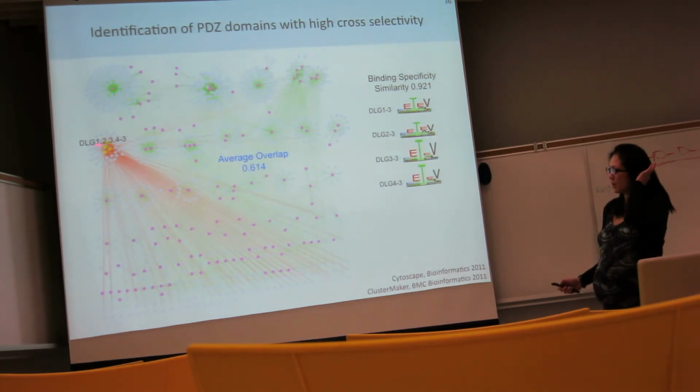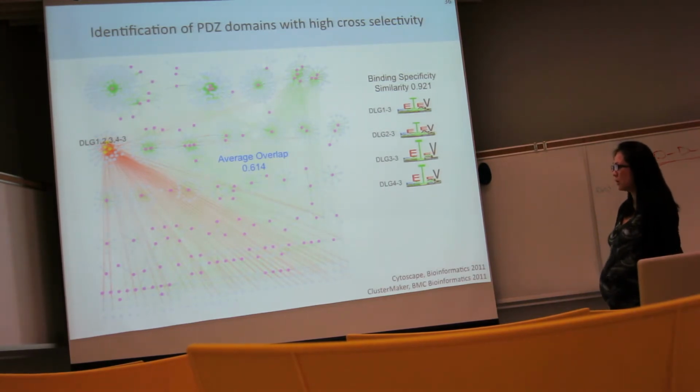PDZ3 of the disks large 1 family of genes is one such example, and has a very high overlap of 0.6, and this is reflected in its binding specificity, which is also very high.